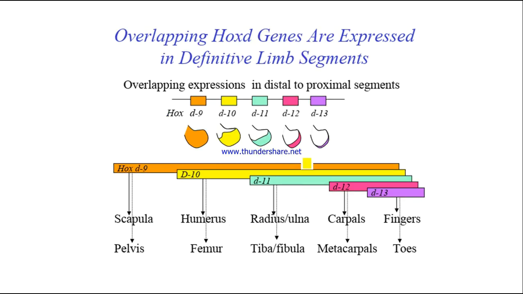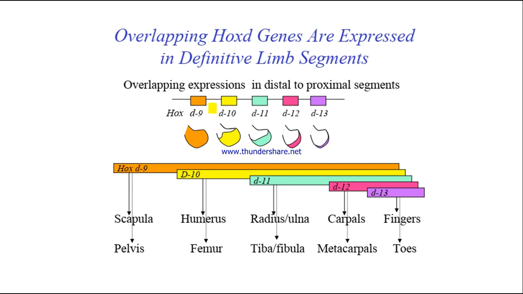The overlapping Hox genes are expressed in definitive limb segments, and we've got this overlapping expression in the proximal to distal segments. Here we can see how, for example, HOXD9 gives rise to the region of the scapula and pelvis, D10 to the humerus and femur, D11 to the radius and ulna, carpals, metacarpals, and D13 the fingers and toes.